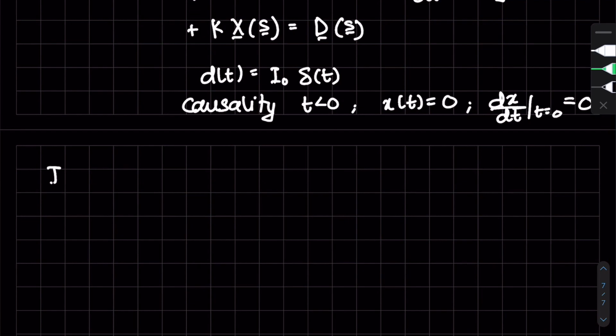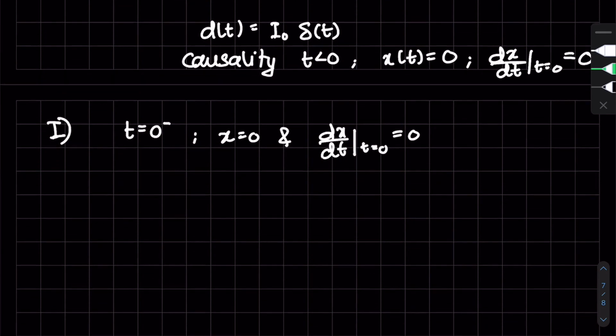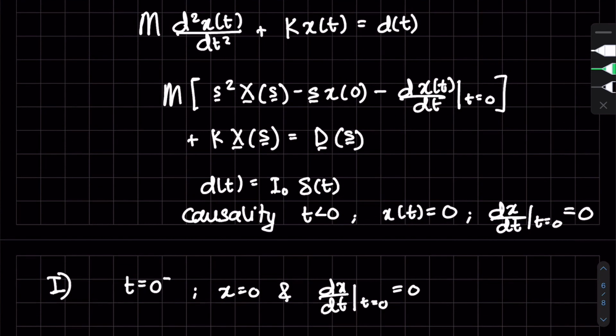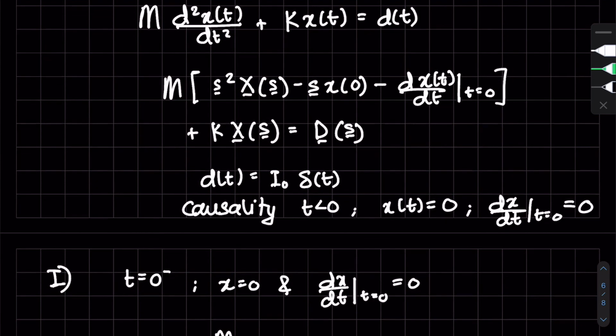So perspective 1, just like before, for t is 0 minus, we have all of these initial conditions, but we also need to include the delta, the drive. So with all these initial conditions, x of 0 and the first derivative will just disappear.